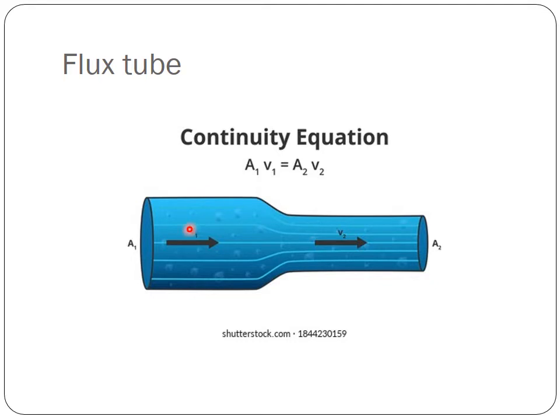So the flux lines will be flowing according to the continuity equation, which is given by A1V1 equal to A2V2. A1 is the cross-sectional area here, and A2 is the cross-sectional area here, and V1 is the emerging velocity, and V2 is the flowing velocity towards A2. So area and velocity are inversely proportional. So this is the continuity equation.